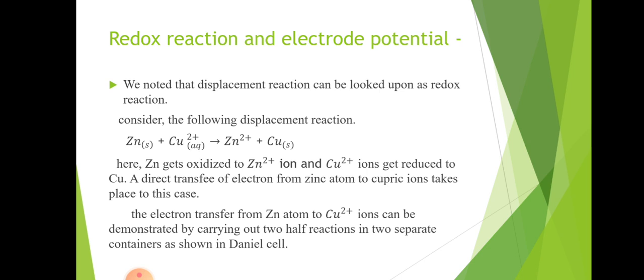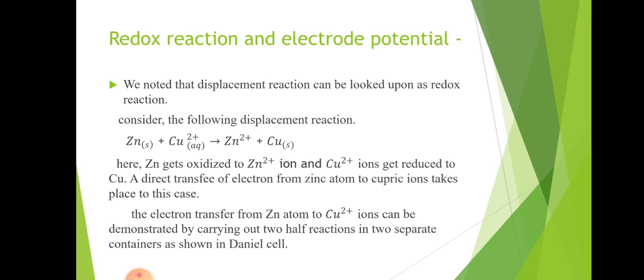Now consider the following displacement reaction: Zn plus copper ion gives Zn ion plus copper. Here Zn gets oxidized to Zn 2+ ion, and copper ions get reduced to copper.